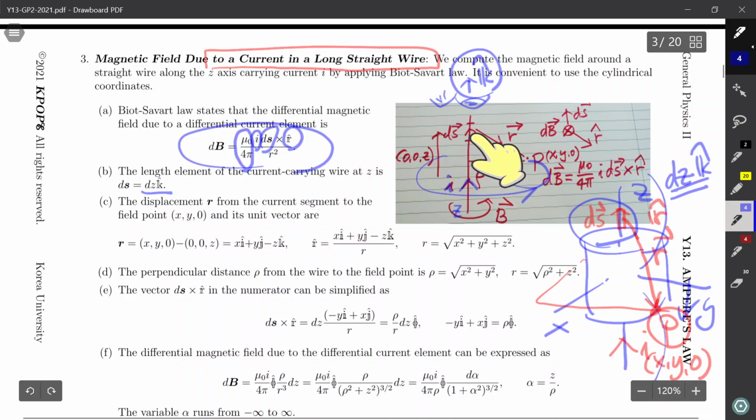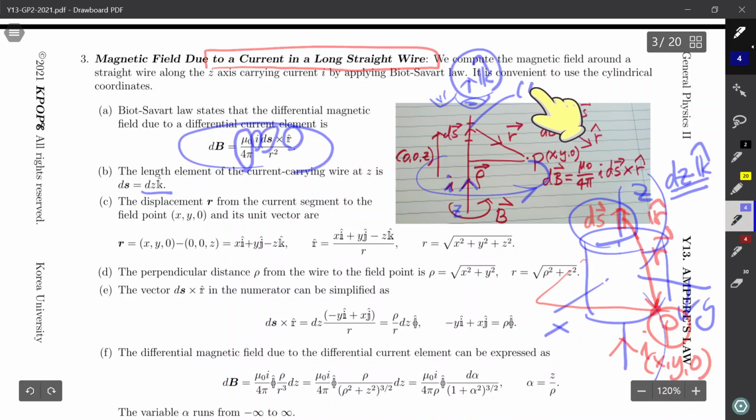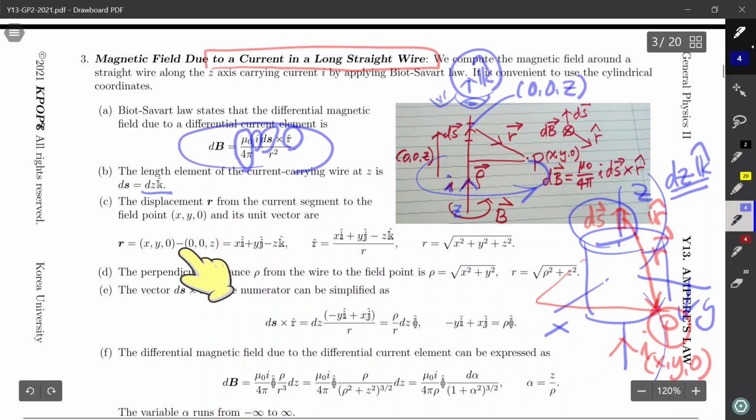The displacement r from the current segment: the current segment is placed at 0, 0, z, and the field point is x, y, 0. So x, y, 0 subtracted by 0, 0, z.